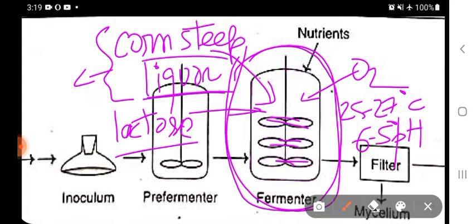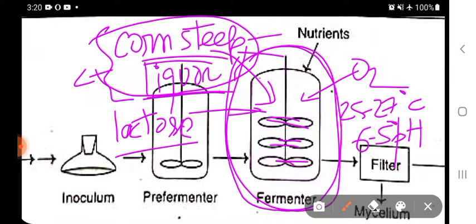Well, corn steep liquor contains all the essential amino acids which are needed for the penicillin production. That is, it contains your L-cysteine, it contains your L-valine.